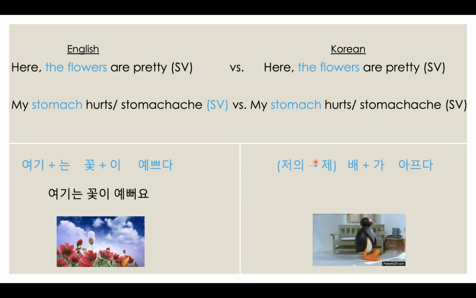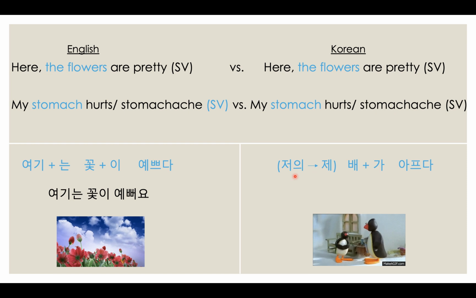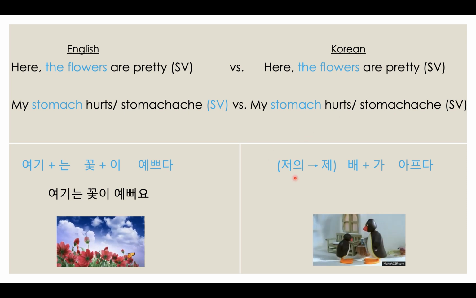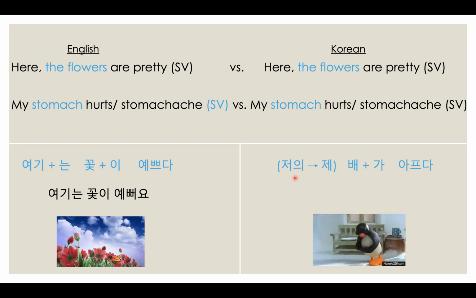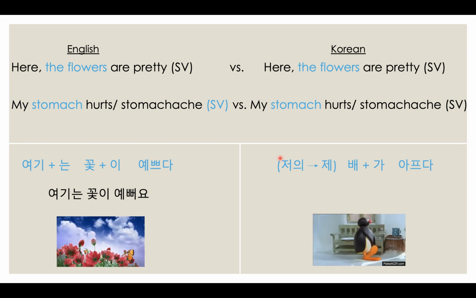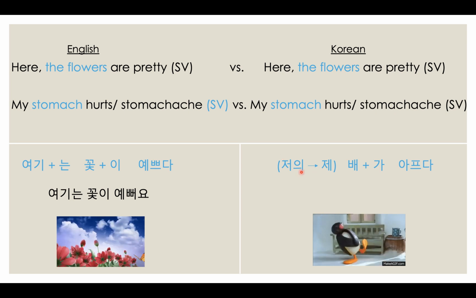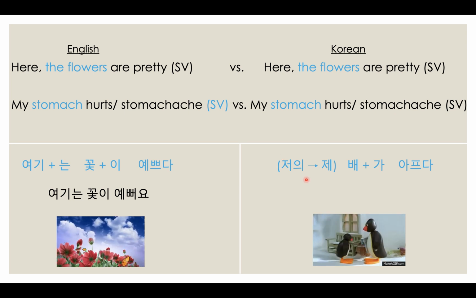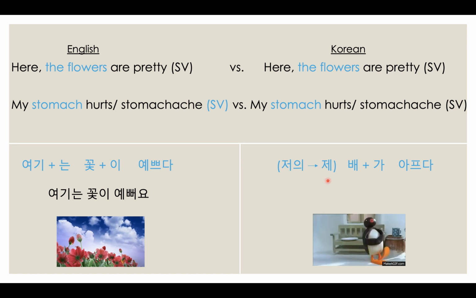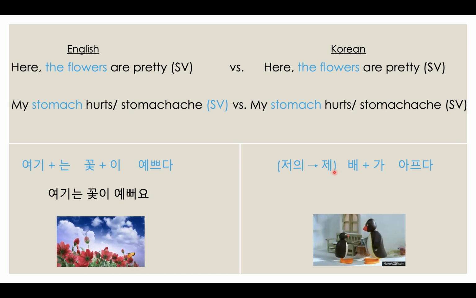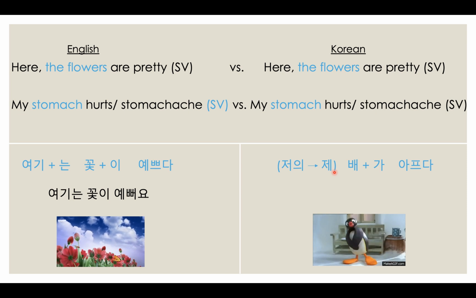Then over here, we have "my stomach hurts." When you're trying to show possession in Korean, you add the particle 의. So if you're saying "my" or "my thing," it would be 저의, but oftentimes it's just put together as 제 to make it a little bit easier to pronounce.